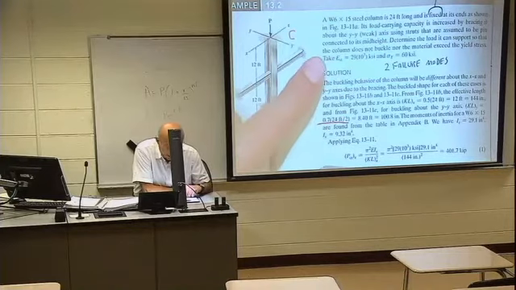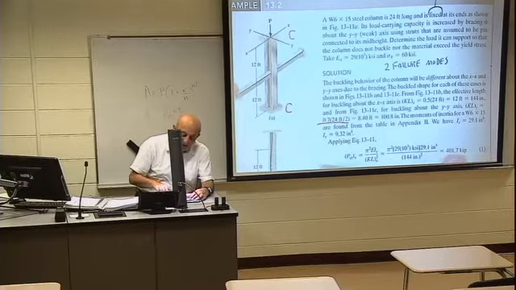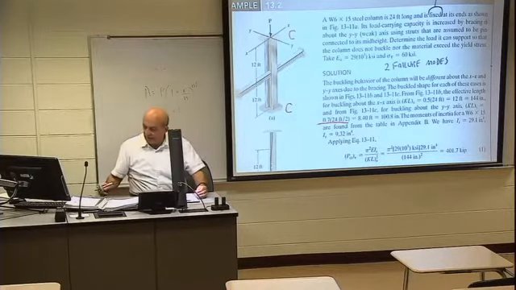Why would we do bracing? Because if we do not need this additional support, then the column will buckle in the weaker direction. Because buckling load, we remember the buckling load expression.